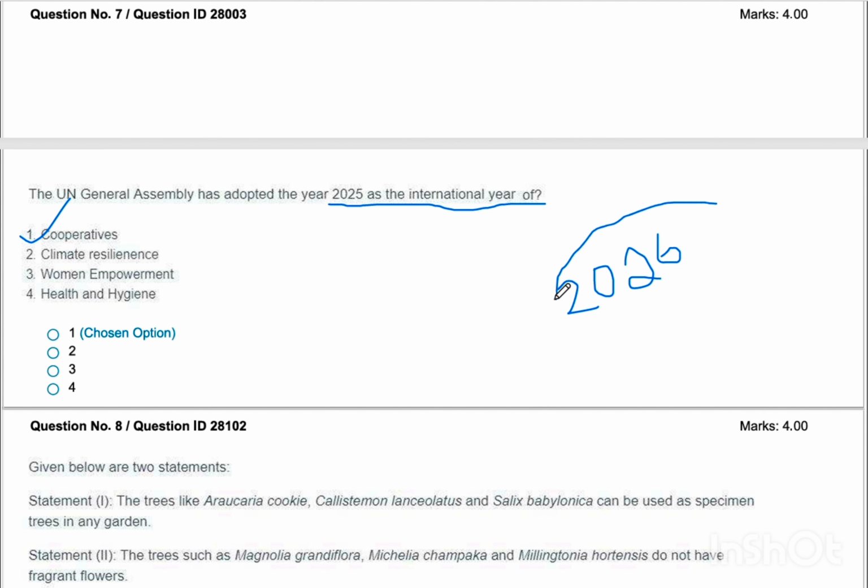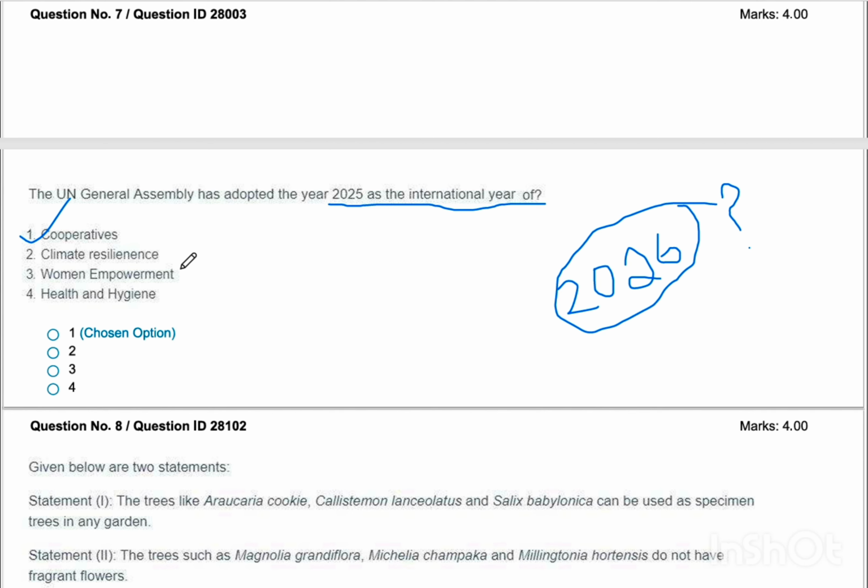And you people have to know, the international year 2026 is the international year of what? It has already been announced: 2026 is the international year for women farmers and volunteers. It is very likely to get a question like this.